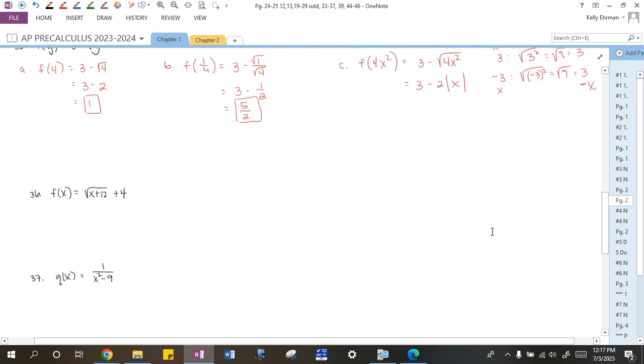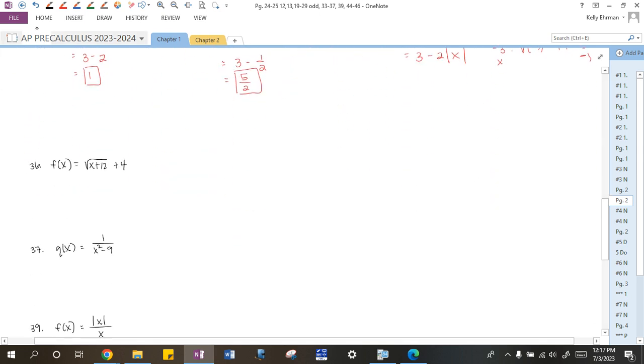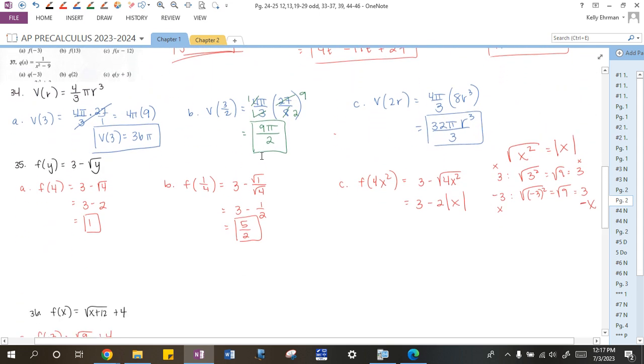Okay, 36. Let's see, f of negative 3. So this becomes the square root of negative 3 plus 12 is 9, plus 4. That's 3 plus 4 is 7. Part B for 36 is f of 13.